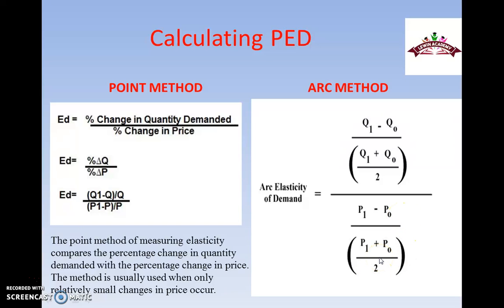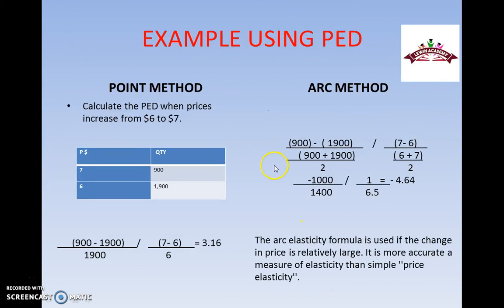So let's look at an example for you to understand much better. Say the price changed from $6 to $7. Calculate the PED when price increases from $6 to $7. So what will happen if you increase price by just $1? To use the point method, we will label it.